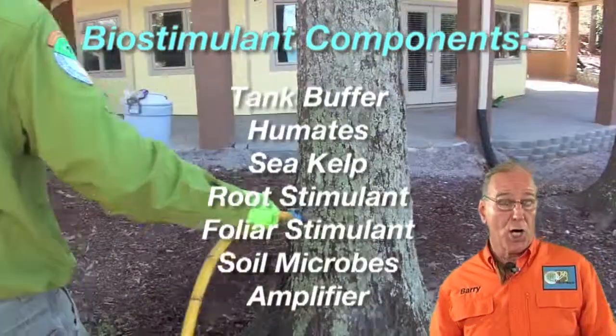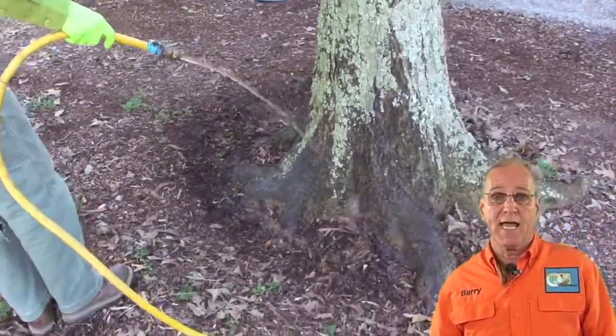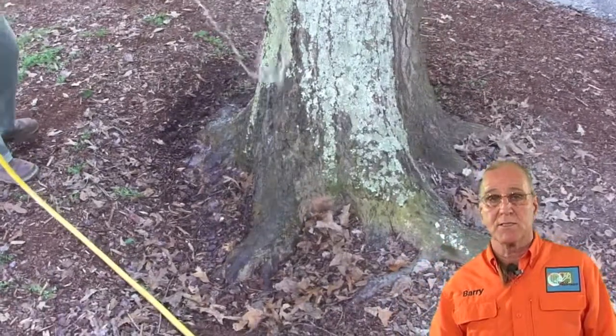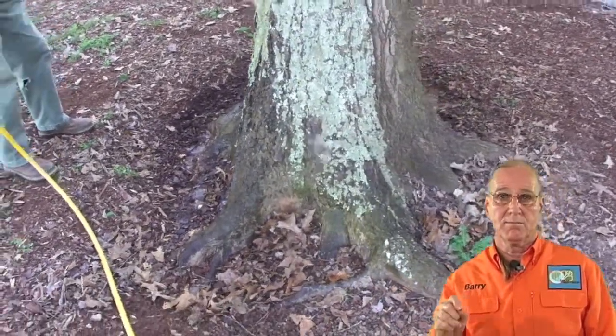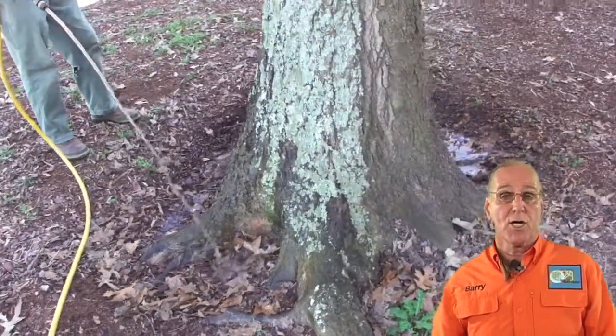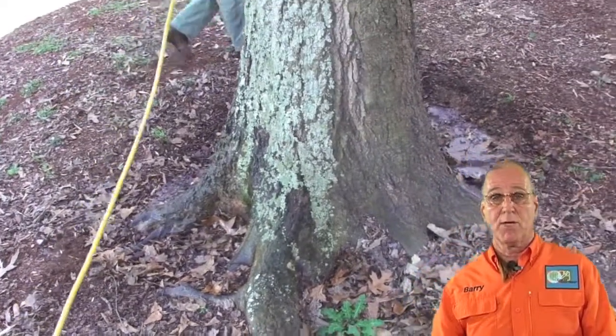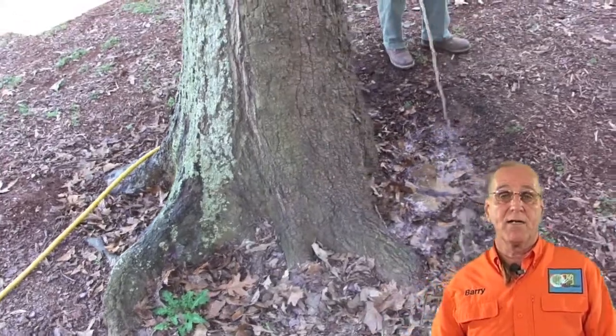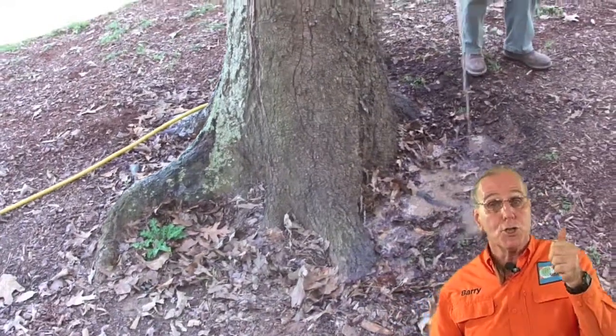Our average cost of a 200-gallon tank prepared with all of our biostimulants for a growth and maintenance application is around $175. And I'll break down some of these costs as we go through the biostimulants, but they'll break down into the major groups of humates.